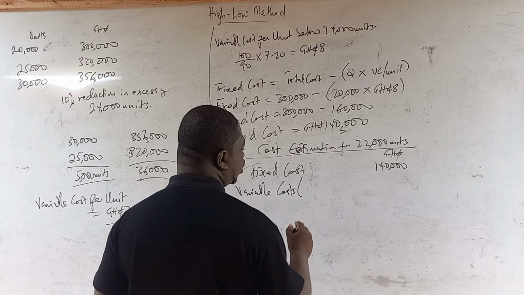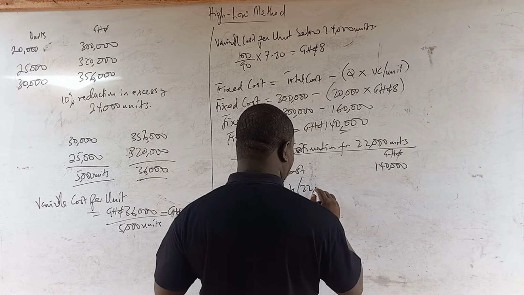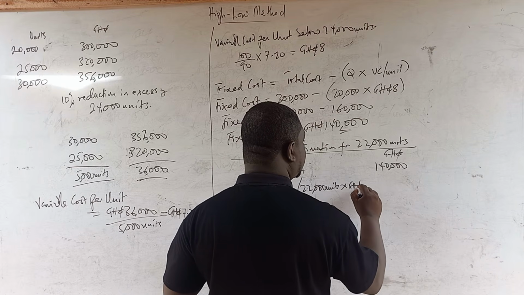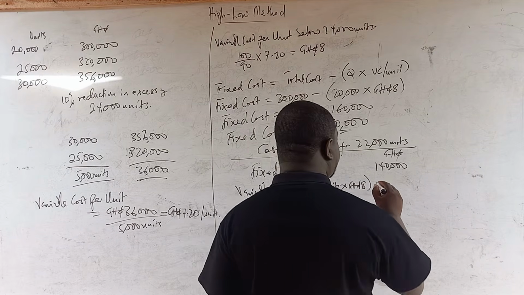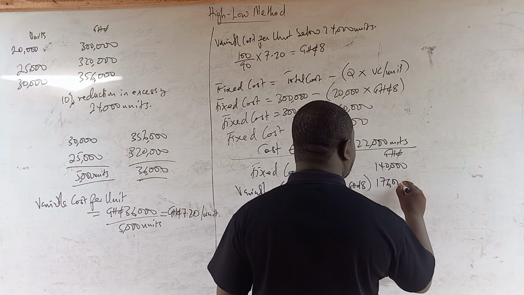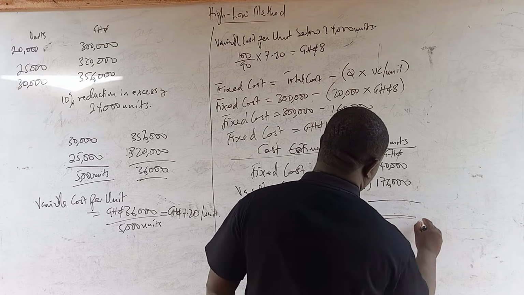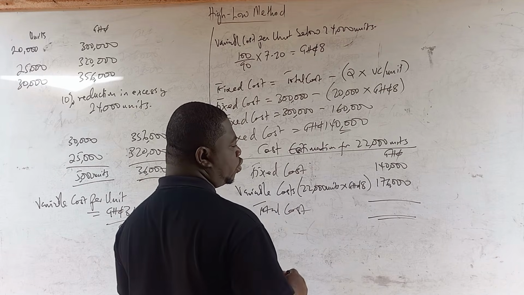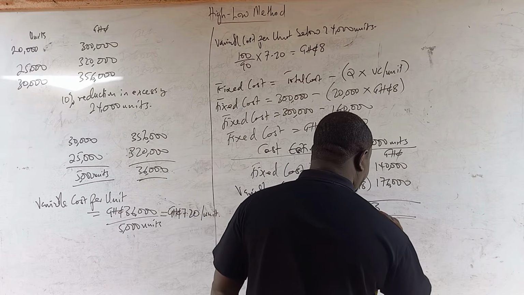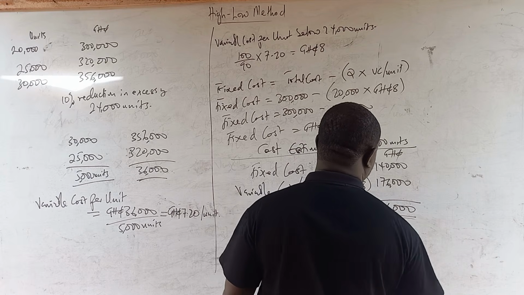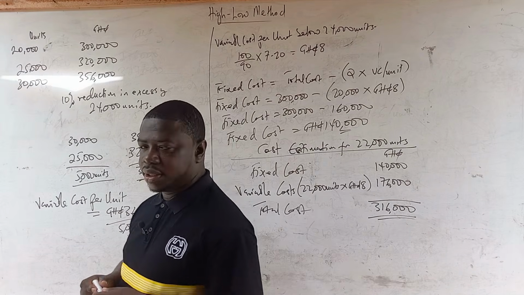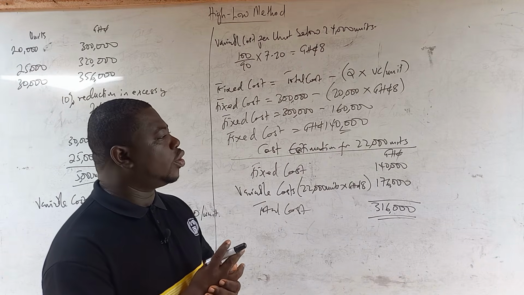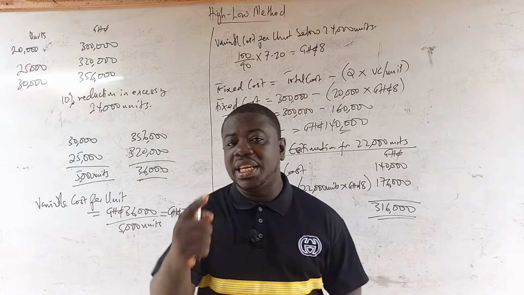So variable cost is going to be 22,000 units times 8 cedis, which is 176,000 Ghana cedis. And therefore, our total cost of producing 22,000 units is going to be 316,000 Ghana cedis.